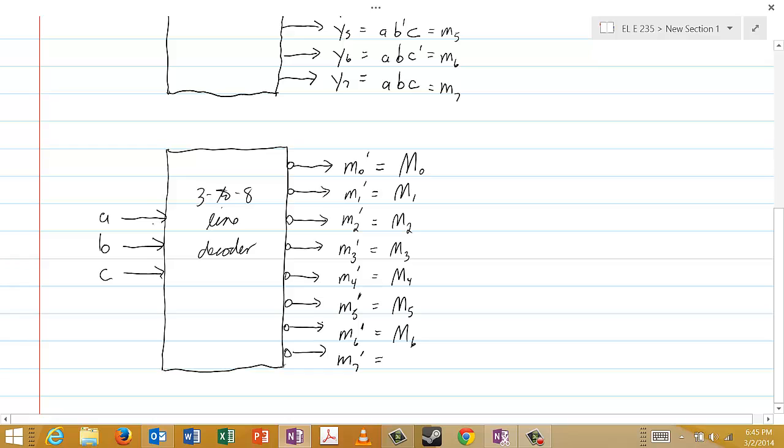So the message here is that by inverting each of the outputs of the decoder, we can convert it into a max term generator.